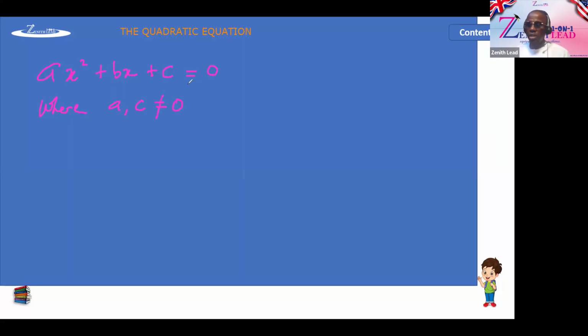Now, how do we solve for x given this quadratic expression?